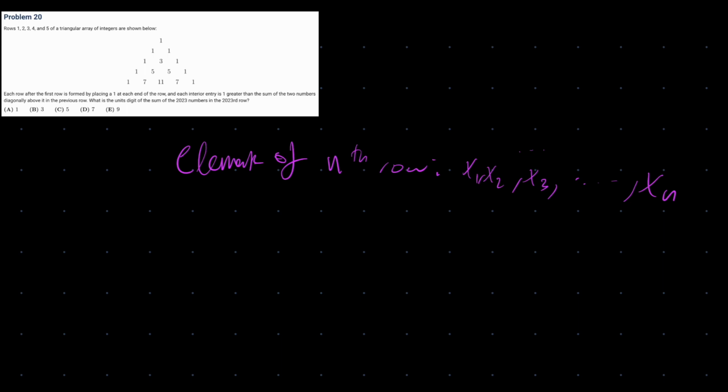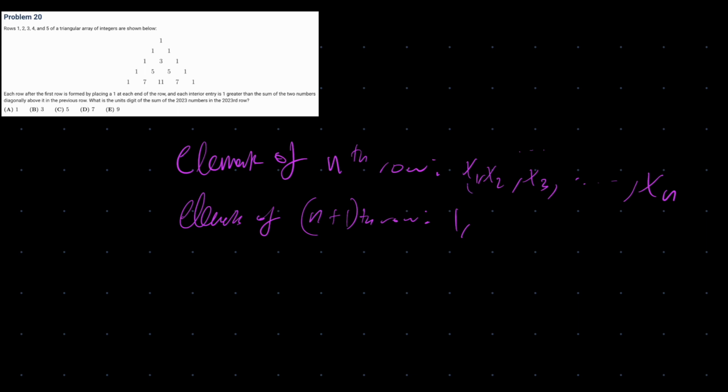So I'm going to start off by listing the elements of the nth row. Those elements are x1, x2, x3, all the way through xn, because we have n elements for the nth row. It's given. So for the elements of the n plus 1th row, we're going to have a 1.